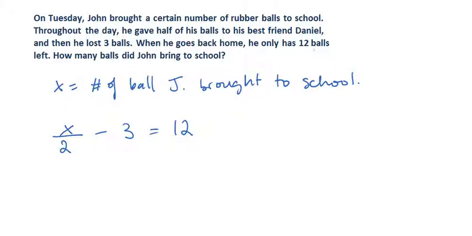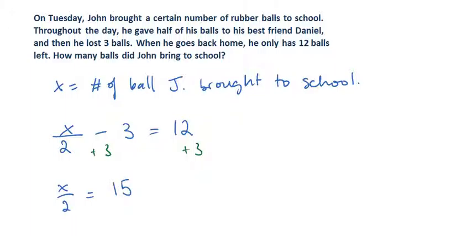So now we've set up this equation. Now what we're going to do is set x's on one side and other numbers on the other side, just like we did in the first video. So here we're going to do plus 3 on this side and plus 3 on this side. Then we say x over 2 minus 3 plus 3, so plus 0, is equal to 12 plus 3, 15.